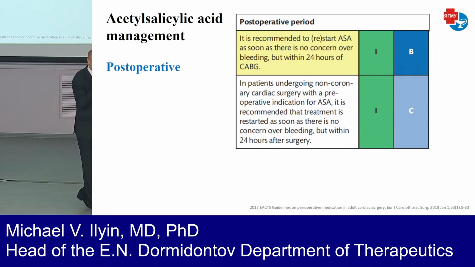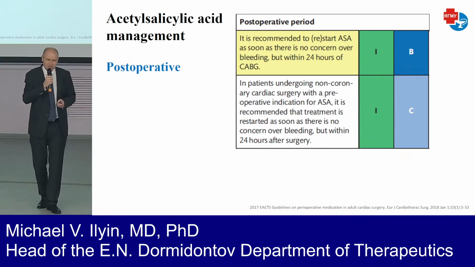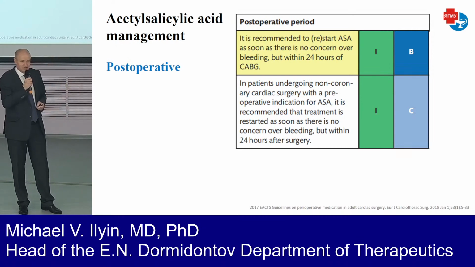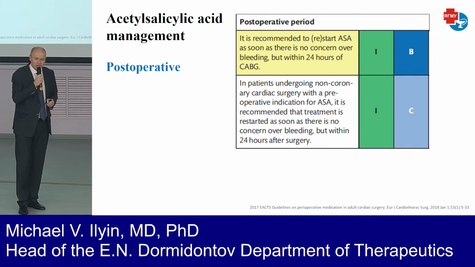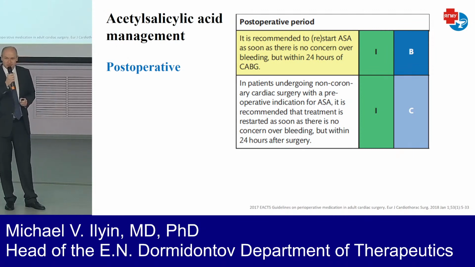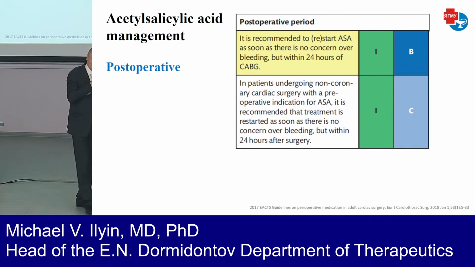Postoperatively. So, what we can see with acetyl salicylic acid management after a surgery. It is recommended to restart ASA as soon as there is no concern over bleeding, but within 24 hours of CABG. So we get it back after surgery immediately. 1B, level of evidence.